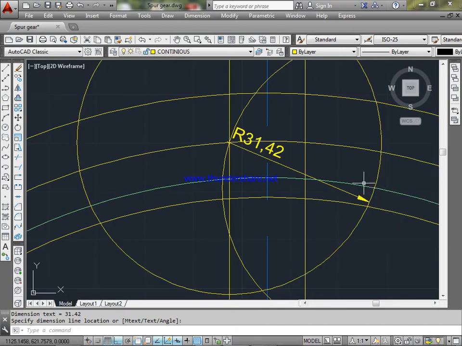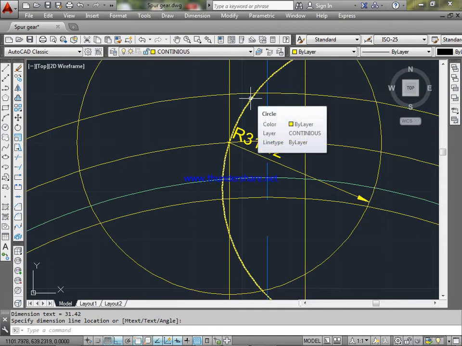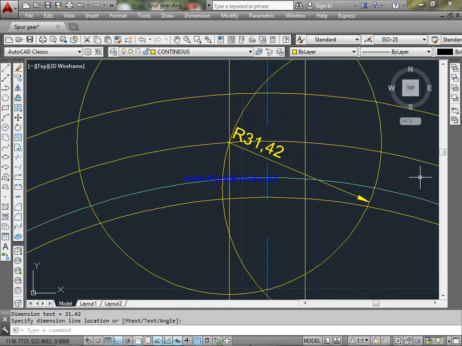Then again draw an arc taking the center with measurement 31.42. Okay, the one side of the tooth is completed.